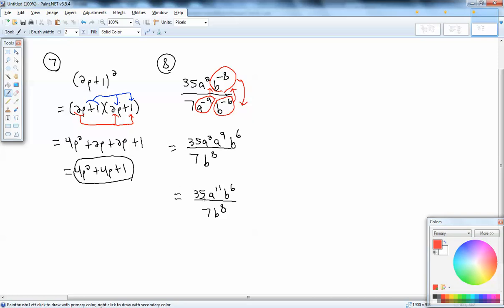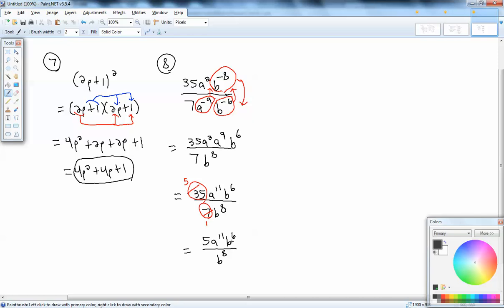Now number-wise, I look at 35 and 7. They're both divisible by 7. 35 divided by 7 is 5. 7 divided by 7 is 1. So we're left with 5a to the 11th, b to the 6, over b to the 8th. The 1 can just drop away since we had the b to the 8th down there.